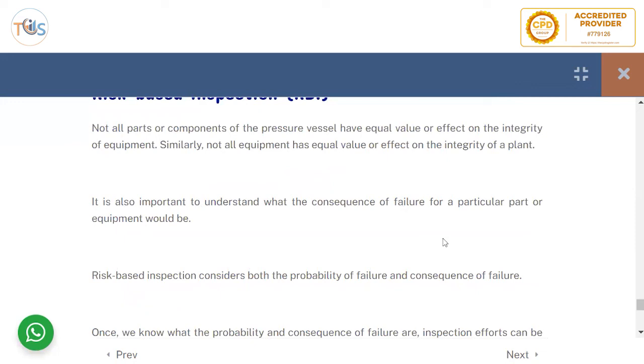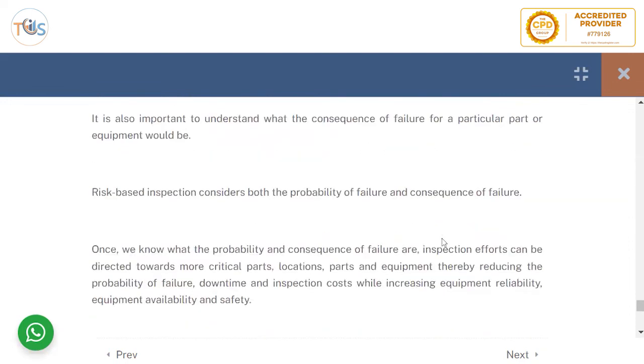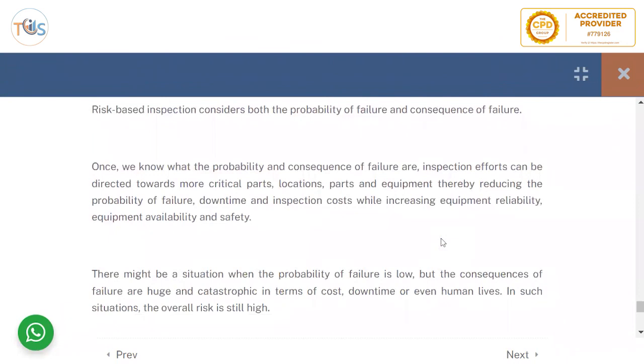Now, if a car breaks down, it might not be much of a consequence in terms of fatality. So it's a product of the probability and the consequence of failure, and obviously inspection efforts can be directed towards more critical parts, locations, and equipment, reducing the probability of failure, downtime, and inspection.